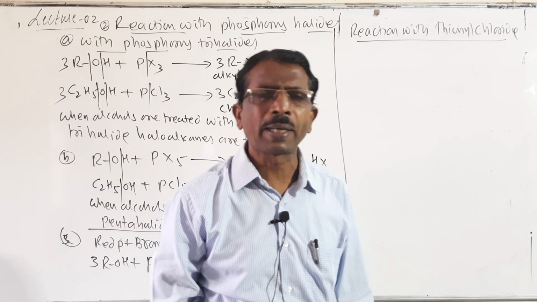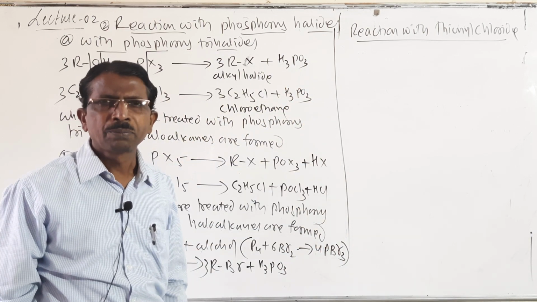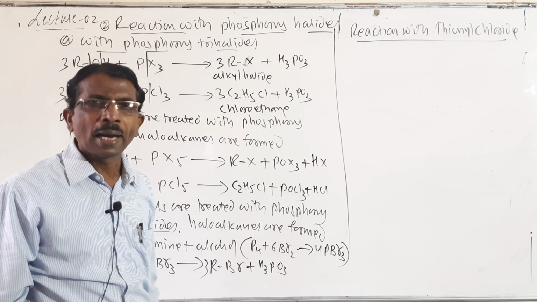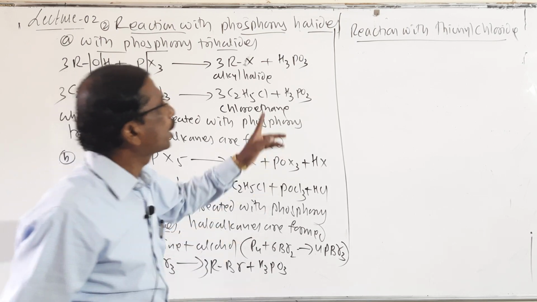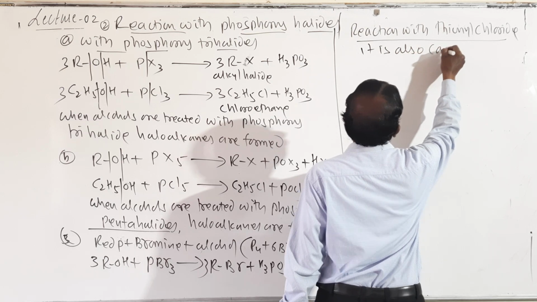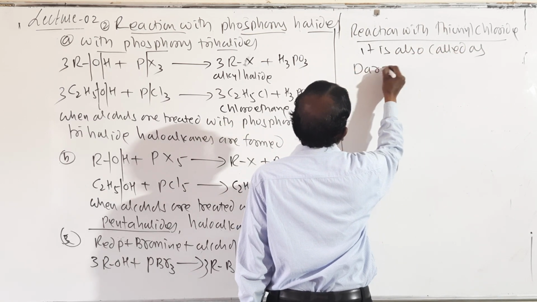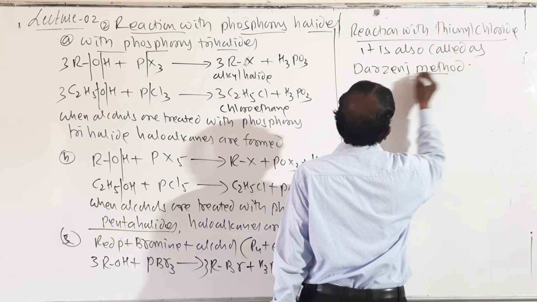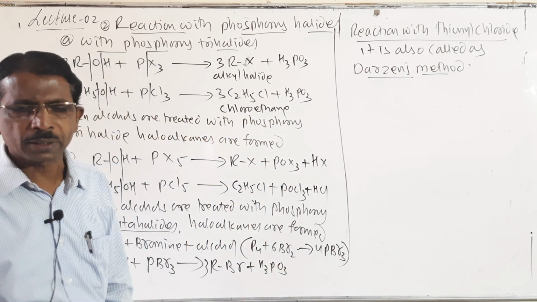In the annual exam, they may ask how haloalkanes or alkyl halides are prepared by thionyl chloride. The first reaction is Darzens' method, also called Darzens' process.